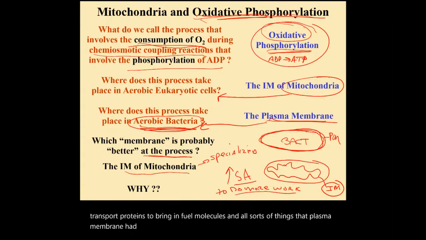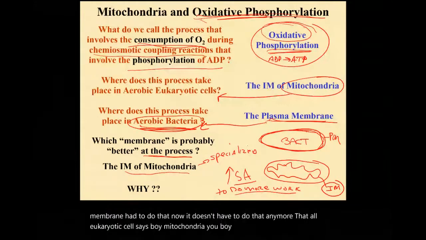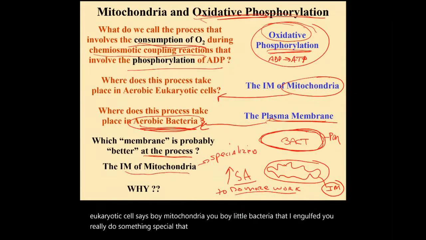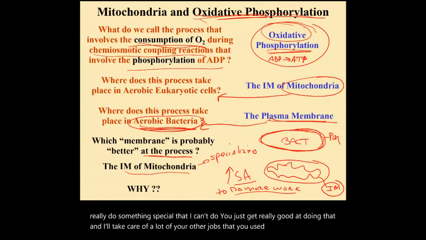But now it doesn't have to do that anymore. Our eukaryotic cell says, oh boy, mitochondria, little bacteria engulfed, you really do something special that I can't do. You just get really good at doing that, and I'll take care of a lot of your other jobs that you used to do that I can do.